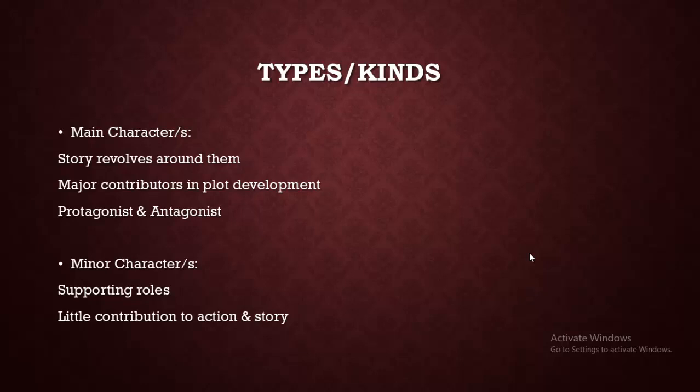For example, a hero or a heroine of a story would be termed as protagonist. And the antagonist is the main negative or evil character in a story, and in everyday language, we name them as the villain of a story.